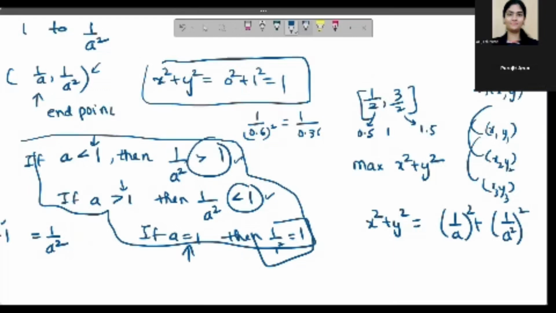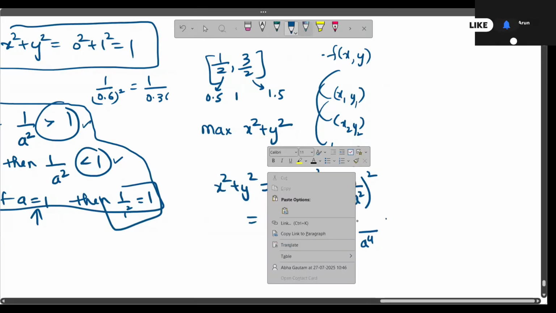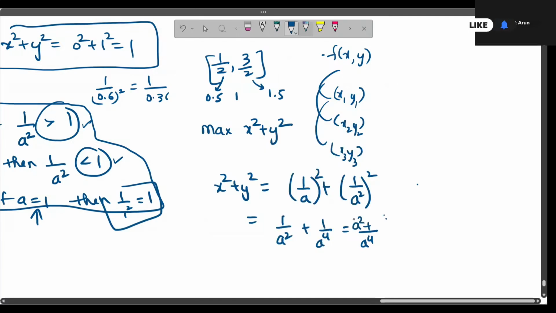The whole square. So the function is 1 by a square plus 1 by a to the power 4, whole. What's the LCM? A square plus 1. So this is the function.